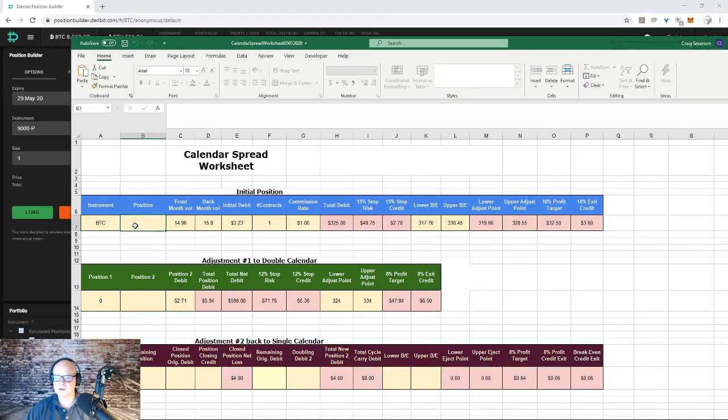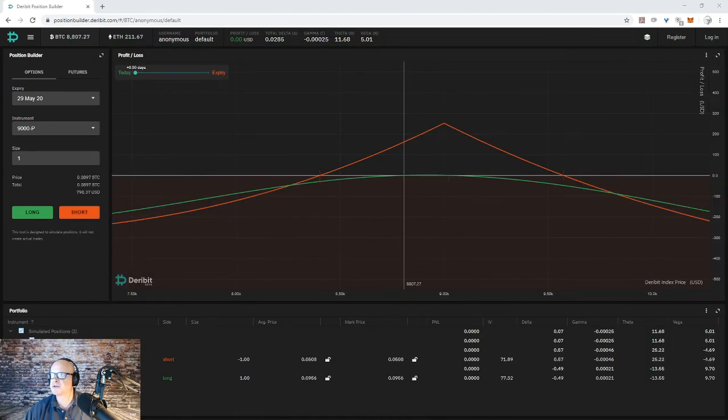So I'm just going to say 8 May / 20,000 P. So we could look at the front and back month volatilities if we want. Let's go ahead and do that. Let's write those down. I think it's worthwhile to do that.